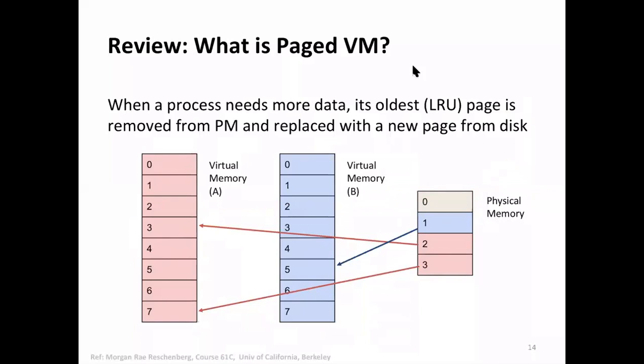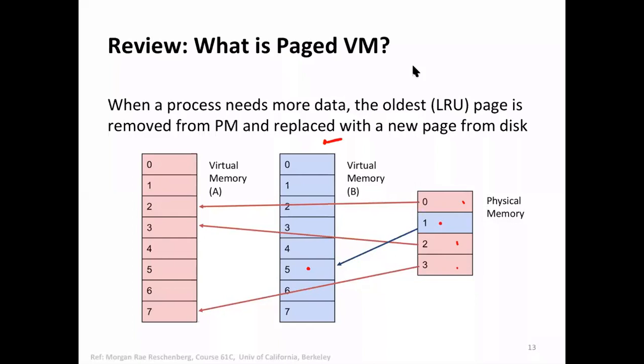Any question? Now let's assume process A wants some other page, because of the instruction executed or the data needed is somewhere else, not in these 3.